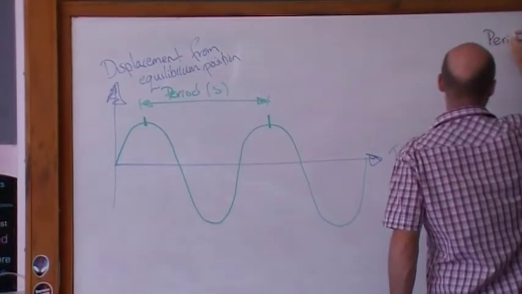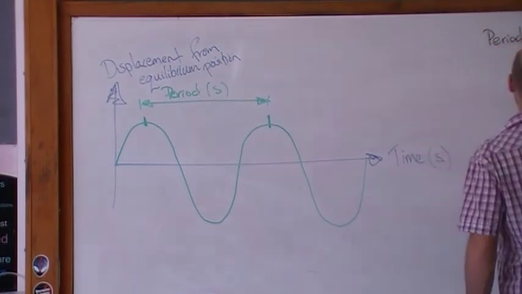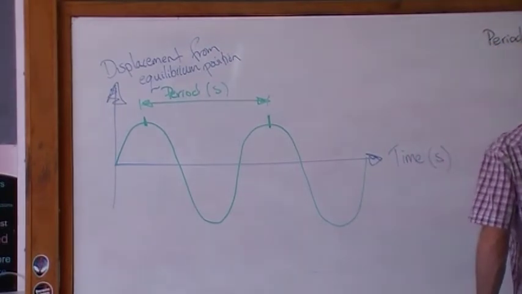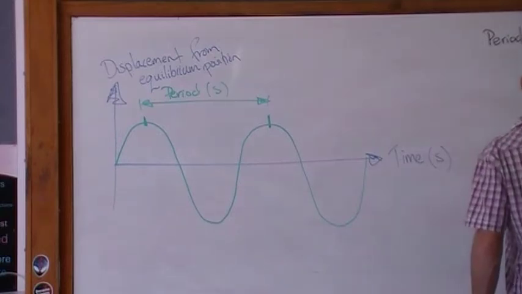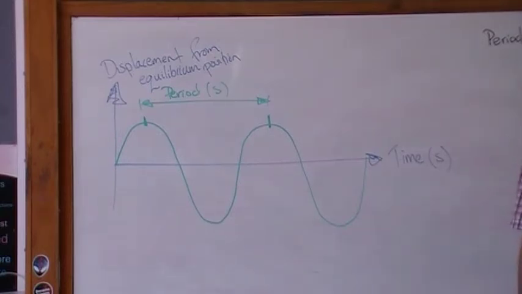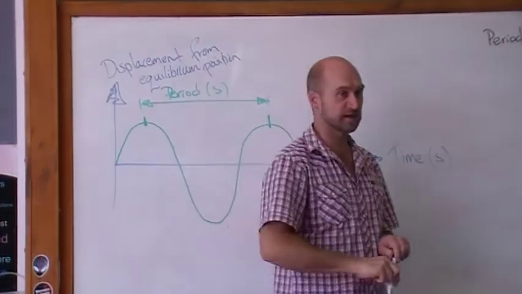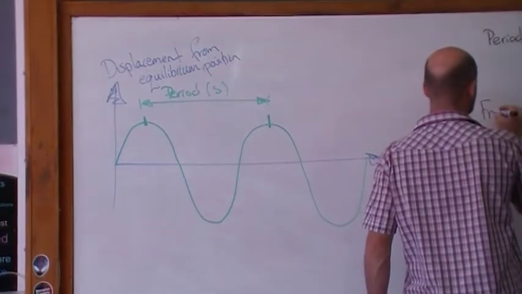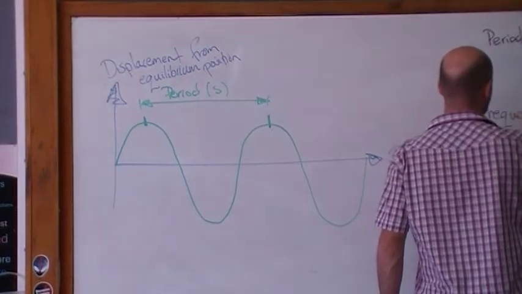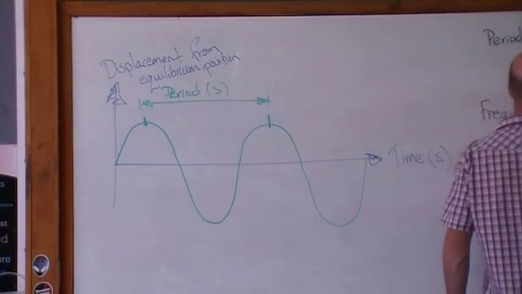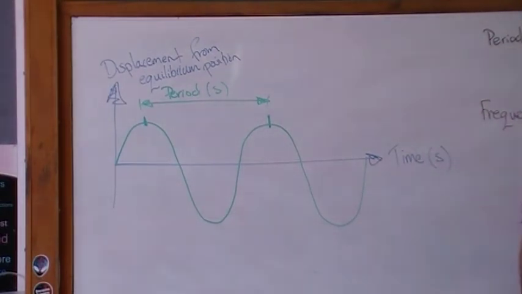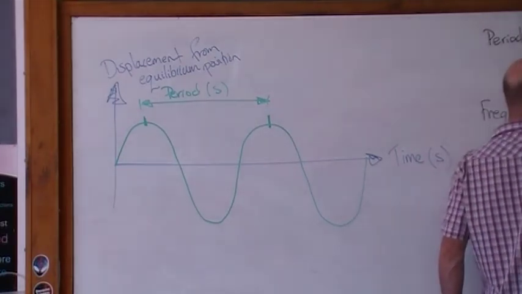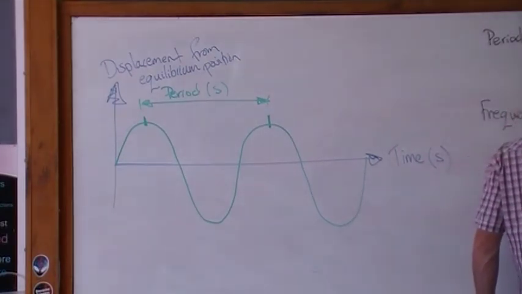Let's make some little definition-y things. So period is the time for a motion to repeat itself. Frequency is how often a motion repeats itself in 1 second.